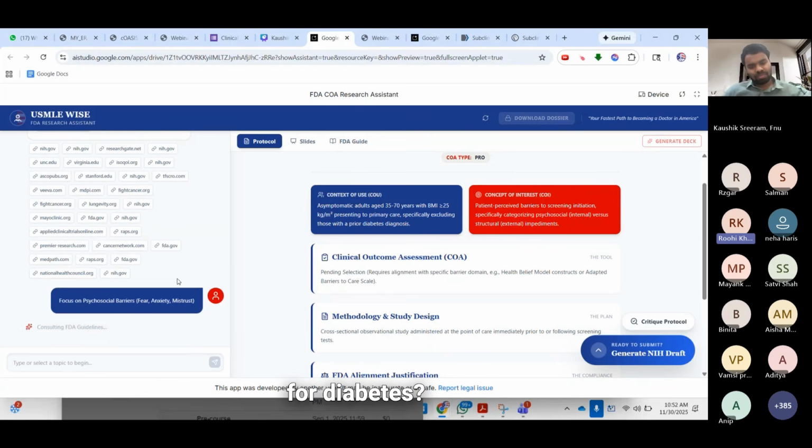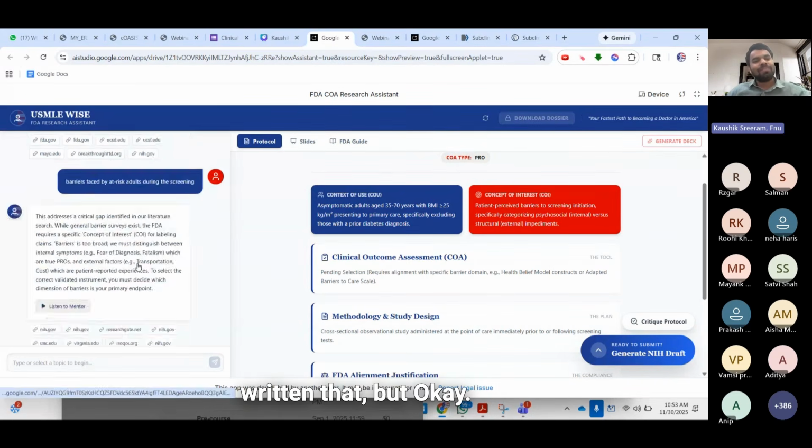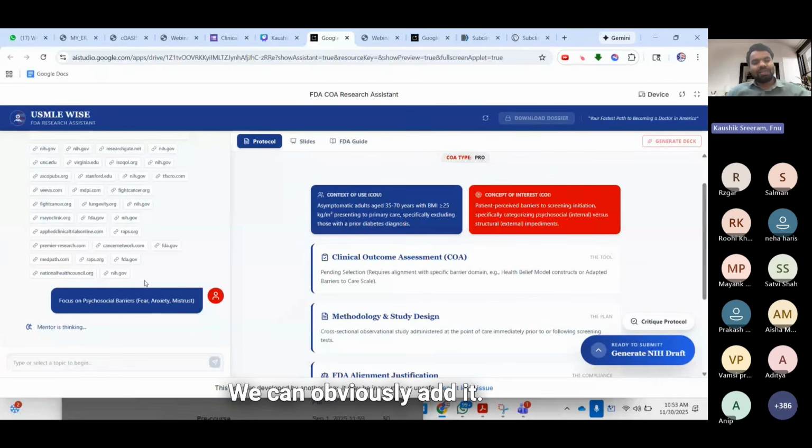Can we be screened for diabetes? Something along those lines. Okay, got it. So I think we wanted it to be a bit more specific, and I should have written that, but we can obviously add it. So your research question is, you have a patient who is hypothyroid and they are worried about screening for diabetes, correct?